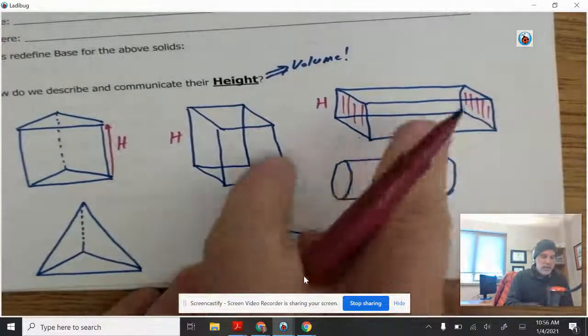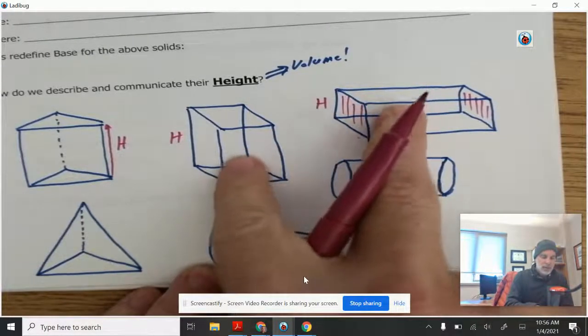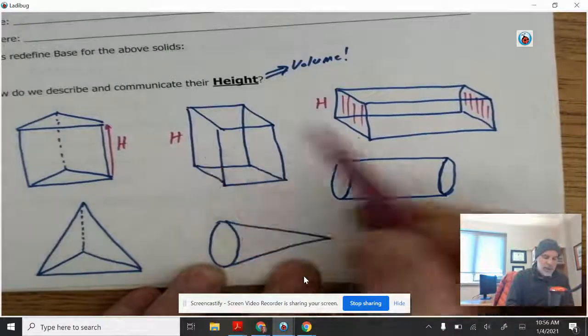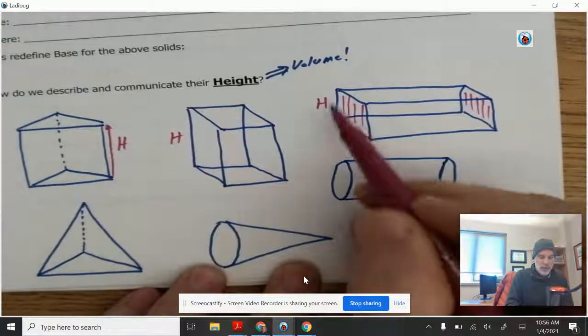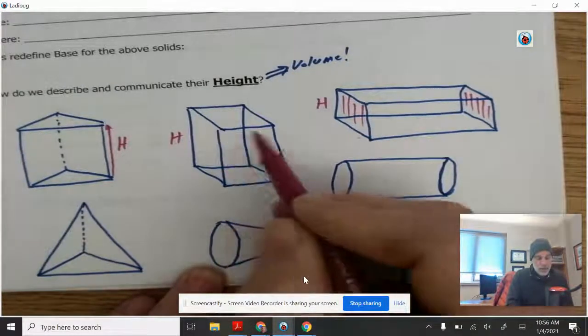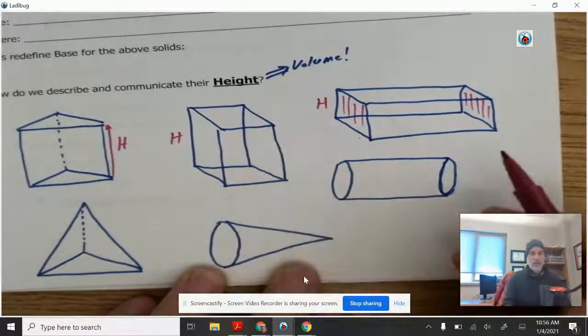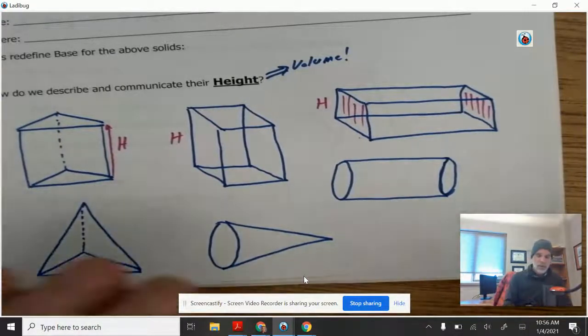So we will get into that more. I will show you why that happens and how we use that. But the height on the rectangular prism can sometimes be argued whether it's out here or over here. Like we could probably argue that this right here is the height. Okay, and I know in your mind you just want the thing to be sitting on the ground and stacked up. We have to get away from that a little bit.